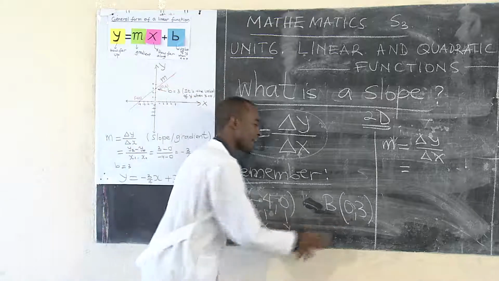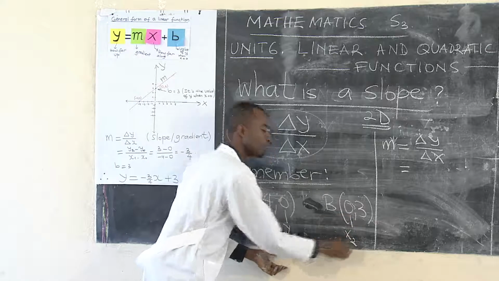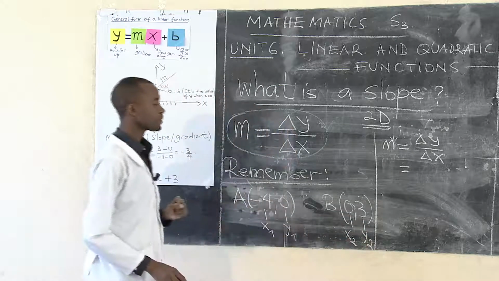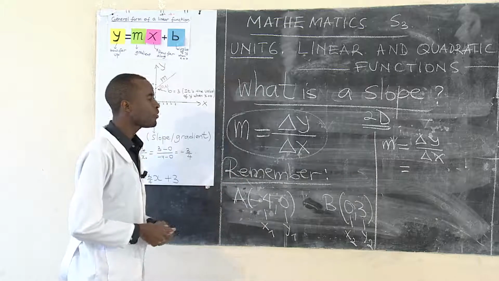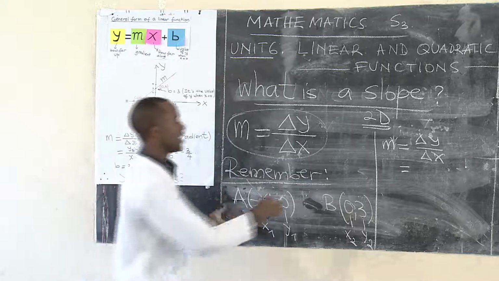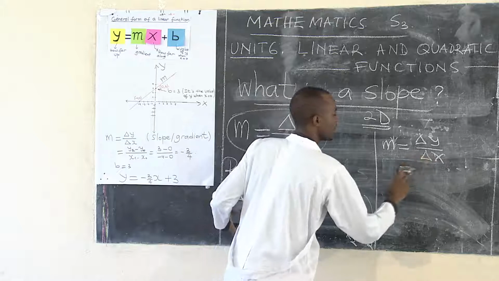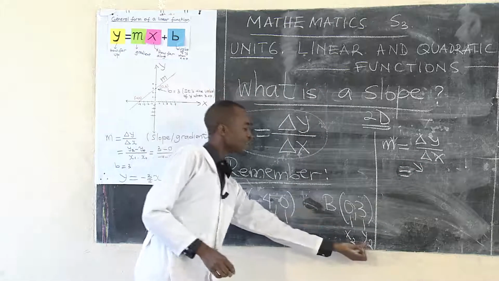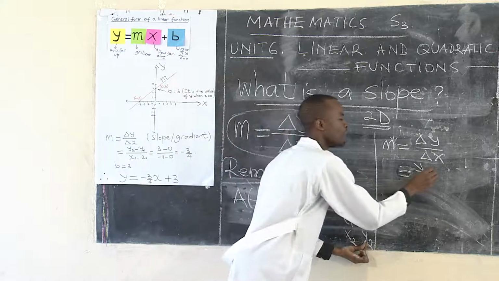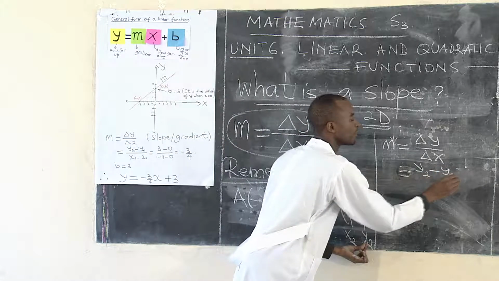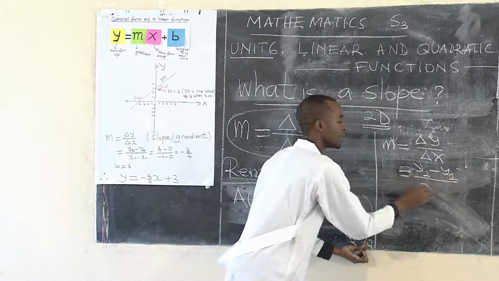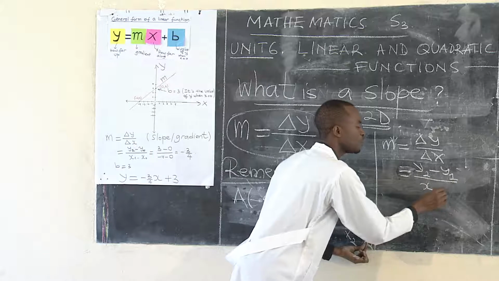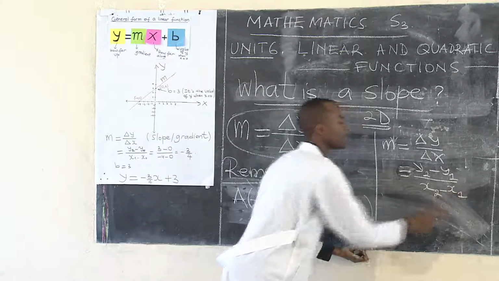And I also go here and name this as x2 and this one as y2. Now, I'm almost to see the answer. I come back here. The gradient is y2 minus y1 over x2 minus x1.